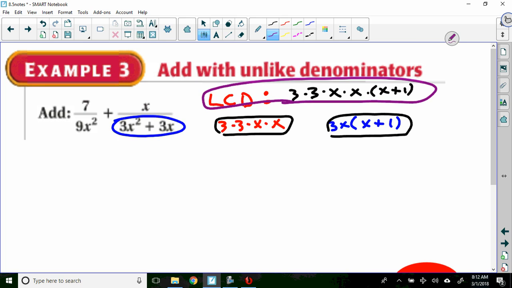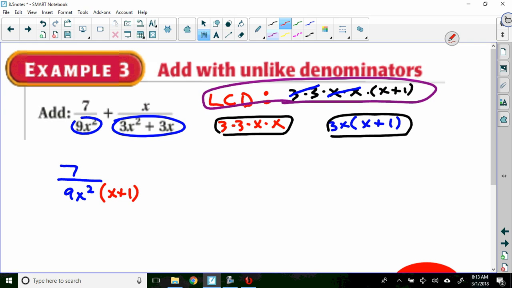That's going to be 9x squared times x plus 1. I'm going to leave this in factored form. Now this 7 over 9x squared, if I look at it, I've got the 9 covered, I've got the x squared covered. I'm going to have to multiply that by x plus 1 to get the denominator to look the way it's got to look.